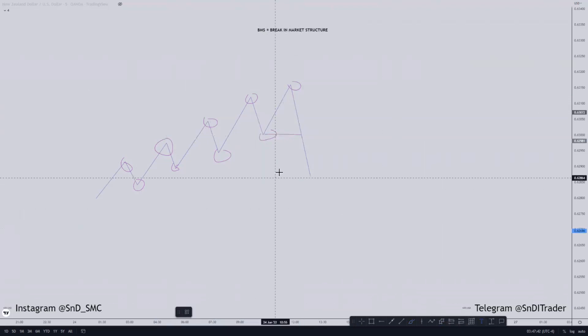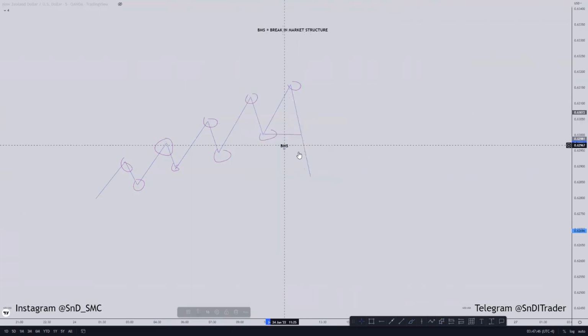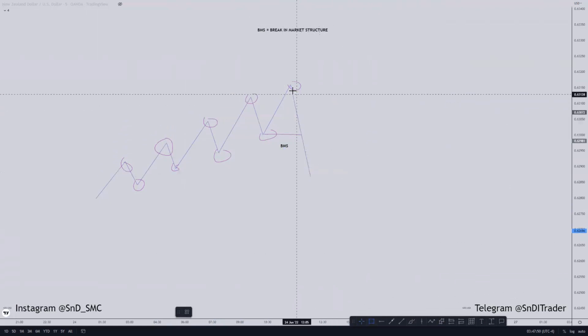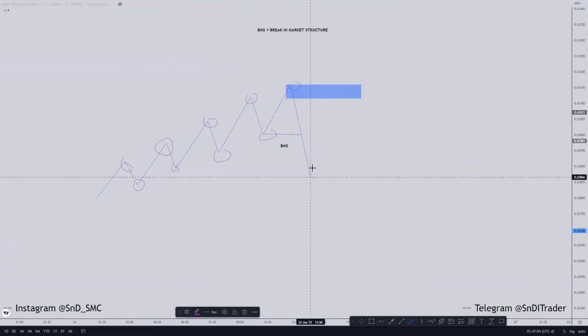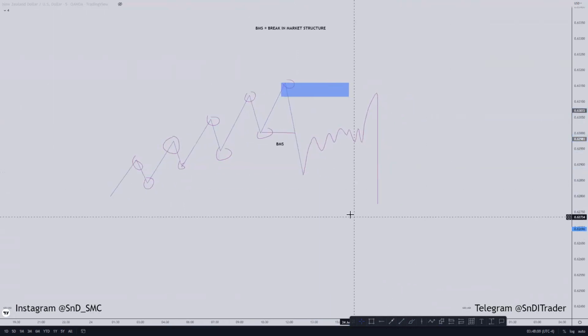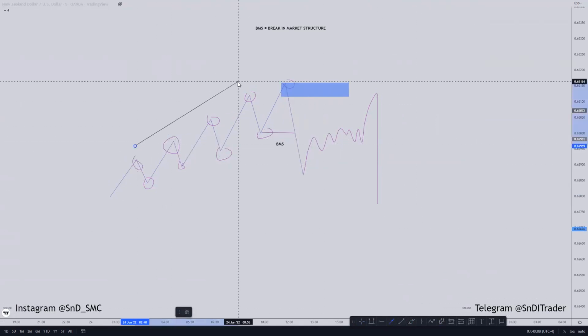So this becomes a BMS towards the downside. We will look for sells around the last supply block, targeting the lows.